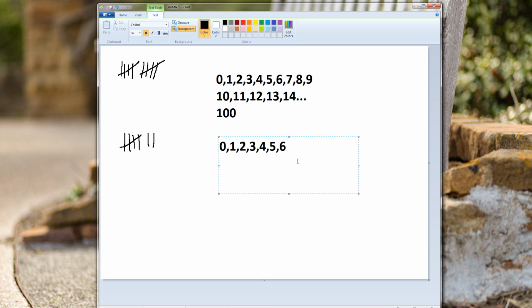So in a base 7 number system, we would stop counting single digits at 6, and we would start counting the second group of 7 digits. So it would be 10, then 11, 12, 13, 14, 15, 16. And we would do that all the way up to the point where we got to the 60s: 60, 61, 62, 63, 64, 65, and then 66.